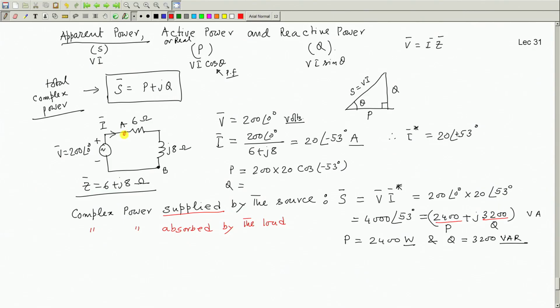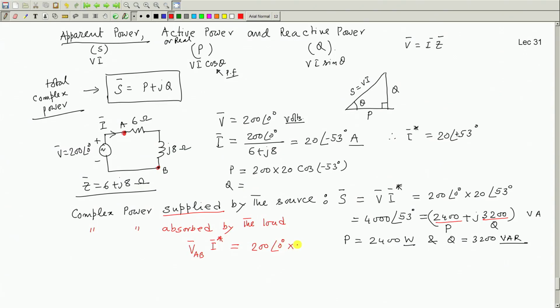Here the load terminals are these two, and it will be equal to the voltage across the load V bar AB into I star. V AB is the same as the supply voltage. So, 200 angle 0 degree into I star, same calculation.